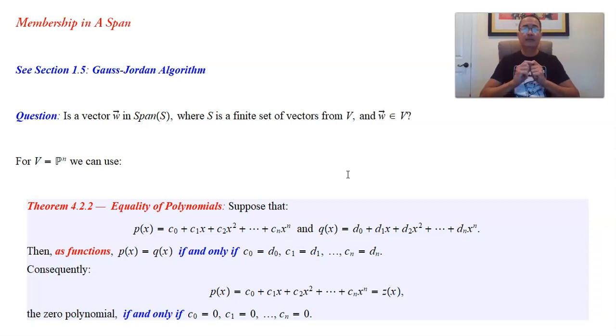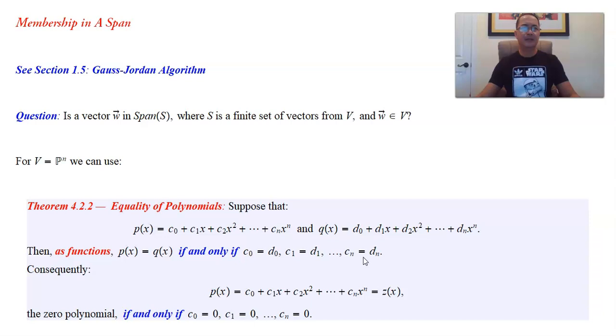So we need a different letter for that linear combination. Then as functions, P of x is exactly equal to Q of x if and only if the coefficients are all pairwise exactly the same. And you might say that's obvious. How can one polynomial be equal to another polynomial unless all the coefficients are equal to each other?